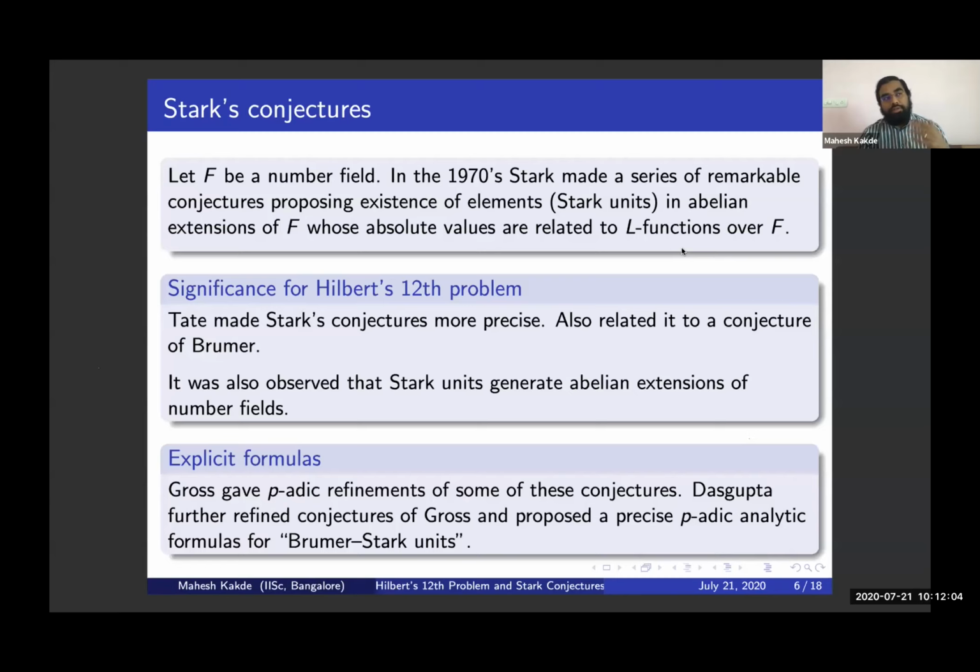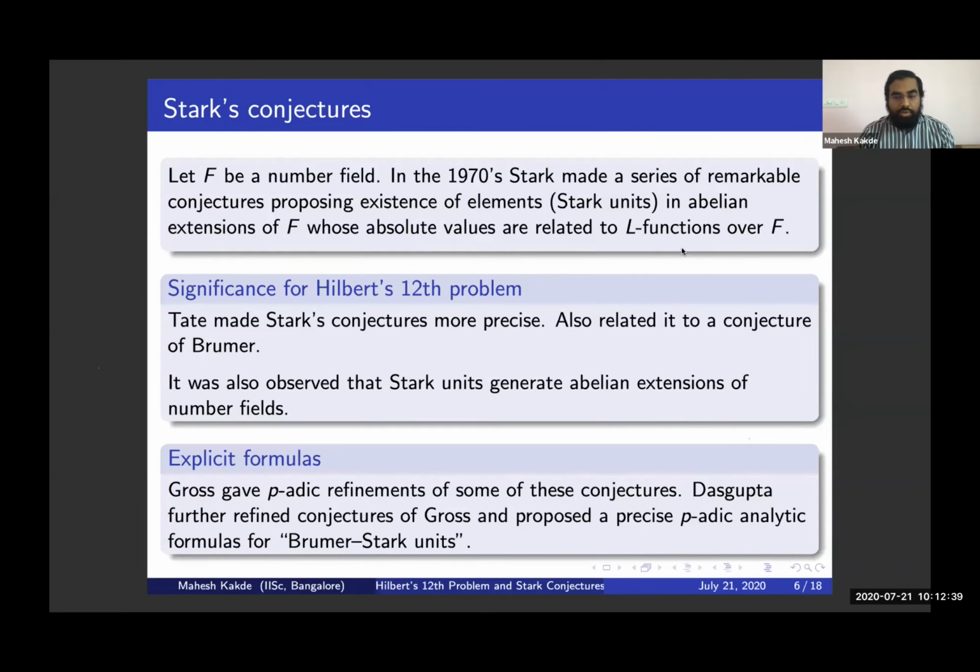Now, the Dedekind zeta function, using Artin formalism, decomposes as a product of other L-functions, and he wanted to decompose the other side of the equation also into some factors so that the factors match up. So he proposed the existence of certain units in that factorization so that the factors match up. But it turned out that these Stark units actually generate abelian extensions of number fields.